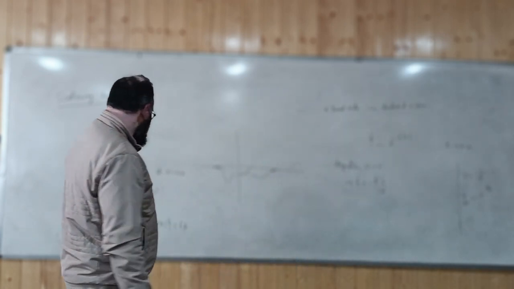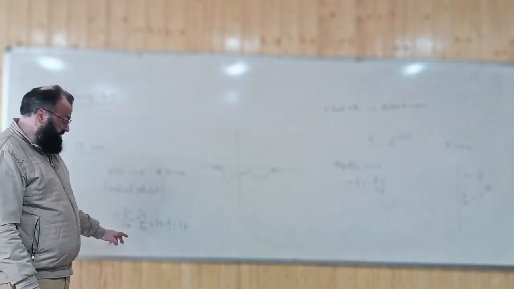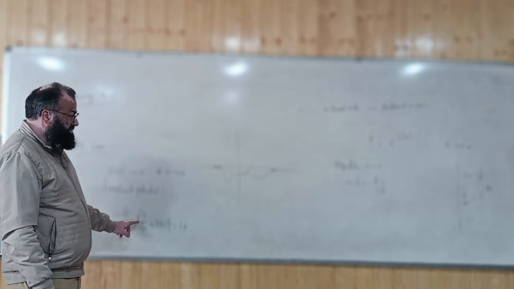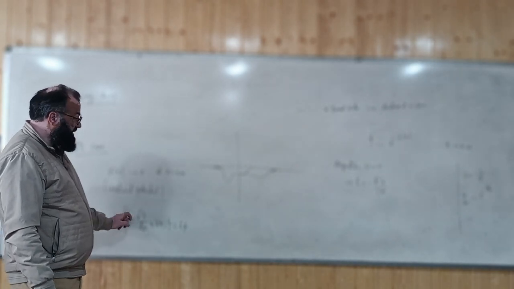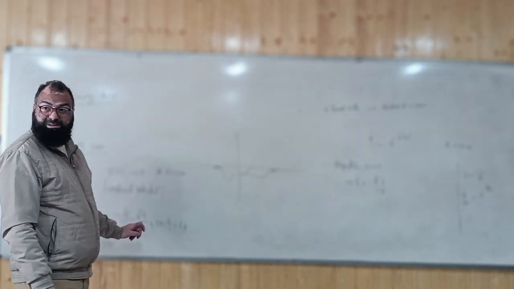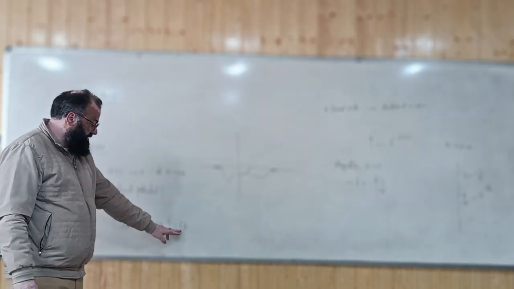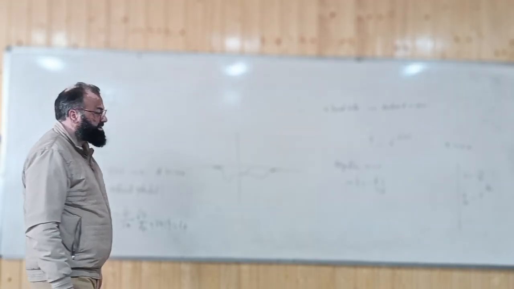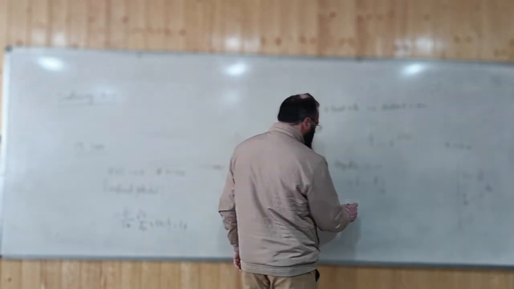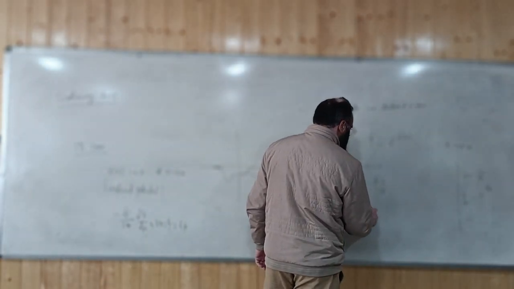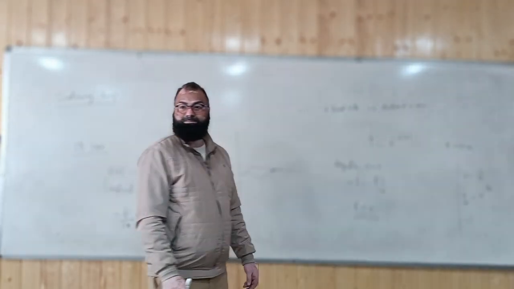Is that true? Just substitute here. What you will get is minus h-bar square by 2m times the double differentiation of this wave function. This term will go to 0, and E will be this value. So for these bound states, E has to be less than 0.